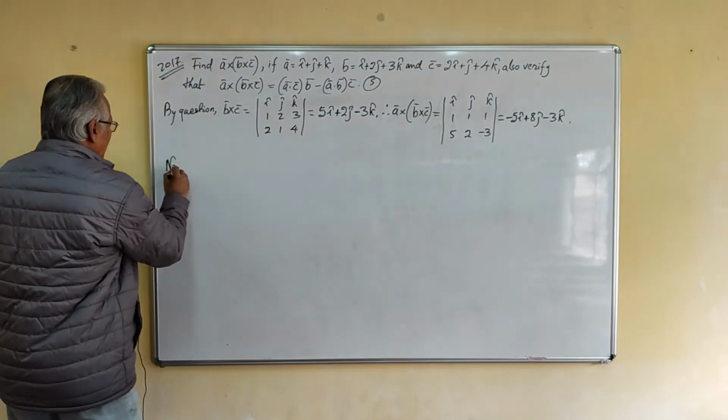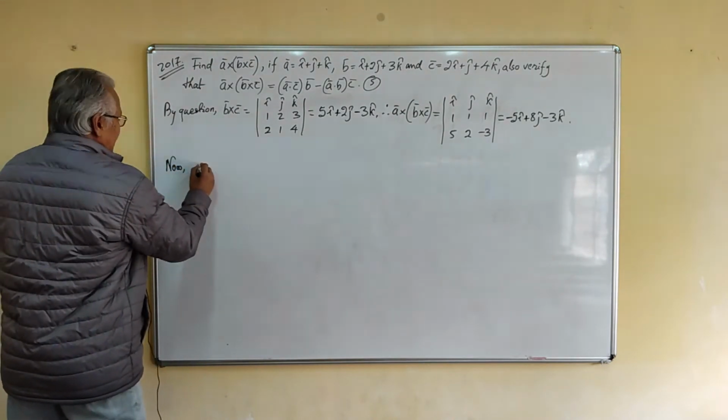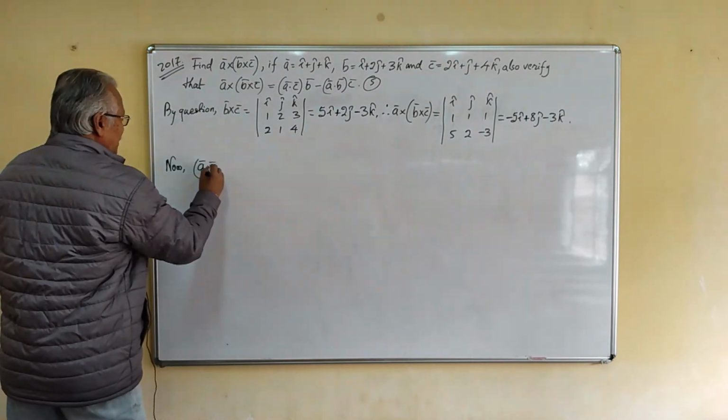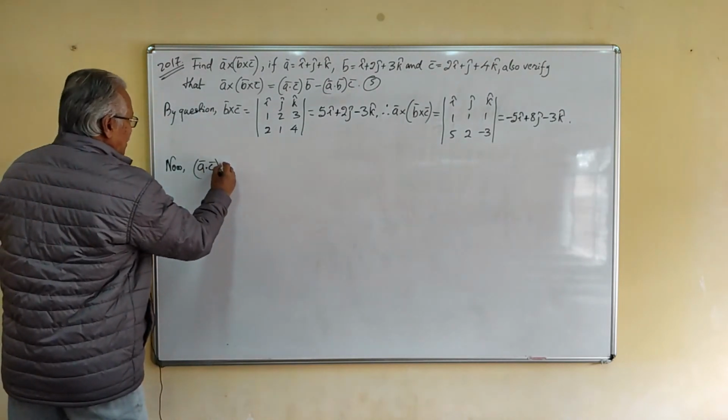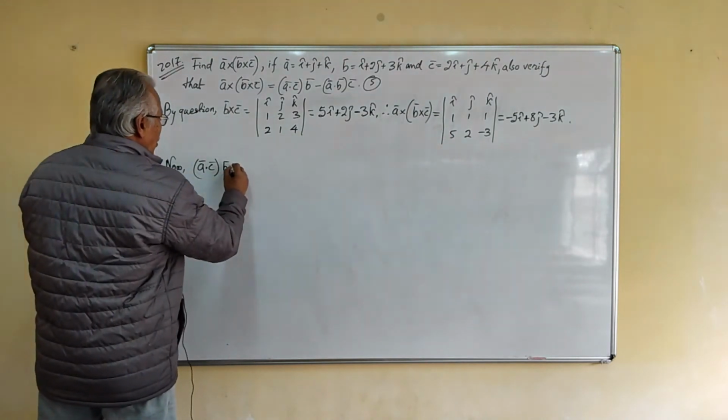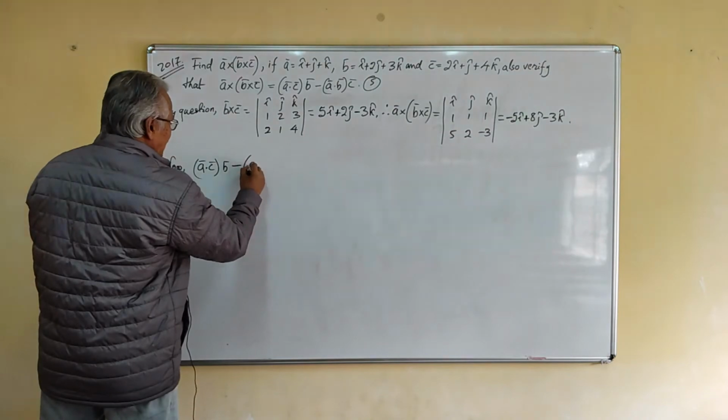Now, what is that? A dot C times B. Shall we do it first? If you like, you can write the whole thing.